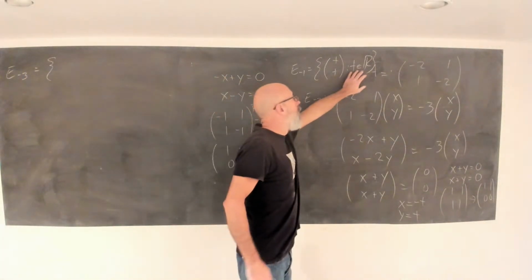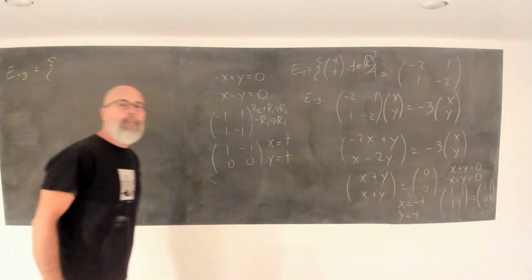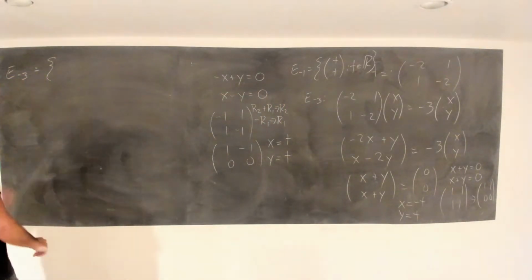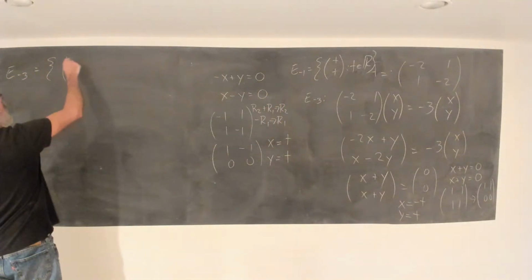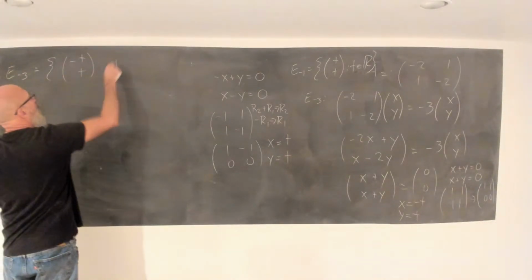Well, it's best to put it. So eigenspace E minus 3 is (-t, t).